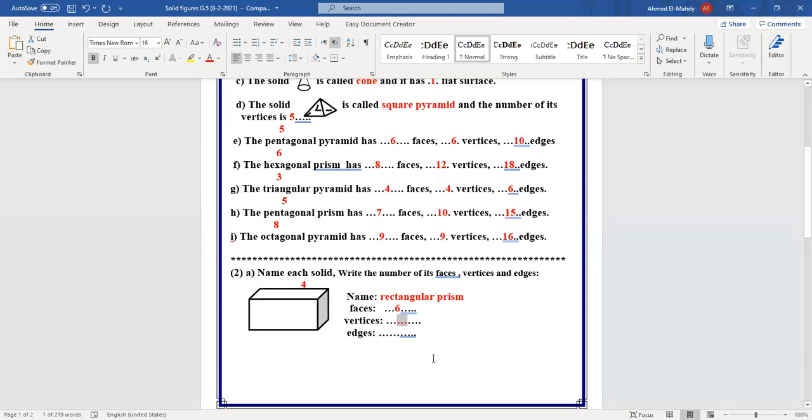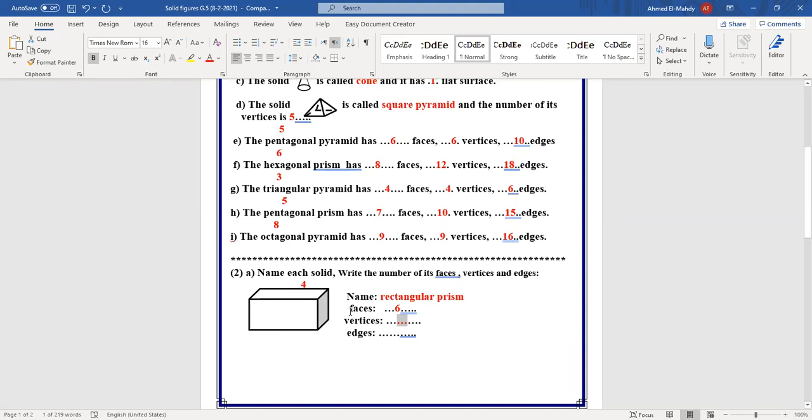First, this is called a prism because we have two bases in it. To find the number of faces, firstly, what is a face? Each side in the solid is called a face, each corner point is called a vertex, and the edge is the line segment in the solid.